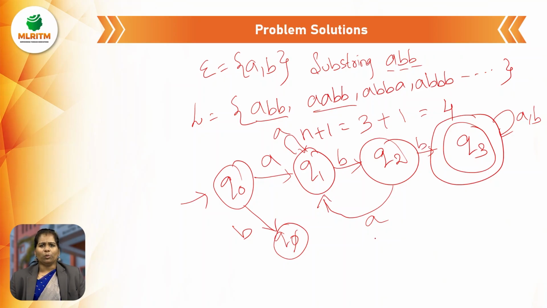Overall, we have to deal with the condition: the substring is ABB. ABB can be prefix, suffix or in the middle also. Whenever we give A to the next state, it does not disturb the ABB, so we can use backtracking also. I hope you understand what is substring.